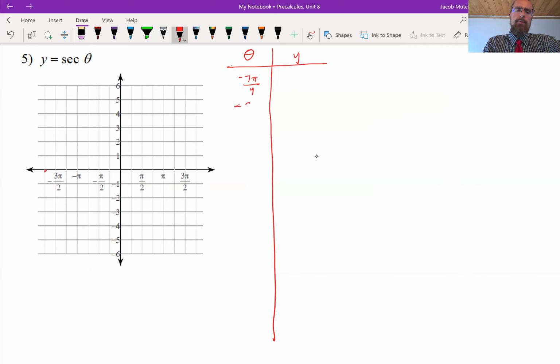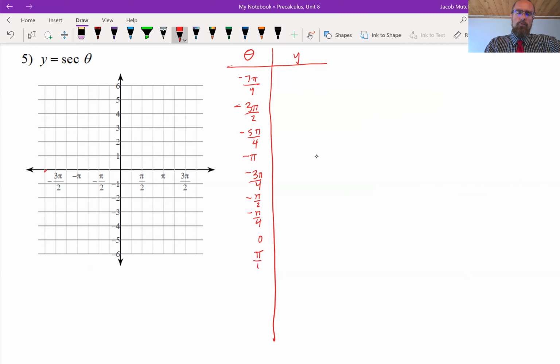Then negative 3 pi over 2, negative 5 pi over 4. So it's the same increments of pi over 4 that we were using at first. Negative pi, negative 3 pi over 4, negative pi over 2, negative pi over 4, 0. And then we want to put the mirrored positive direction.